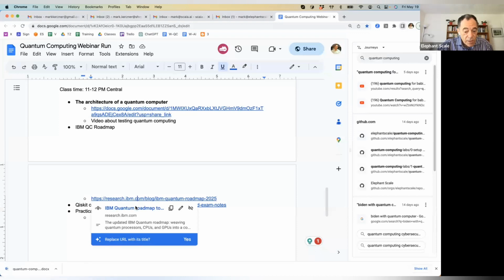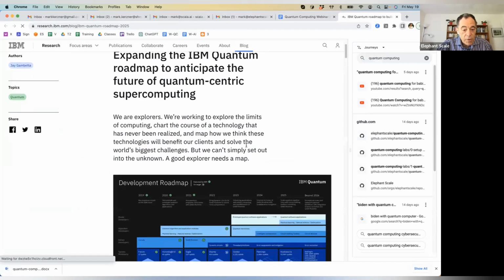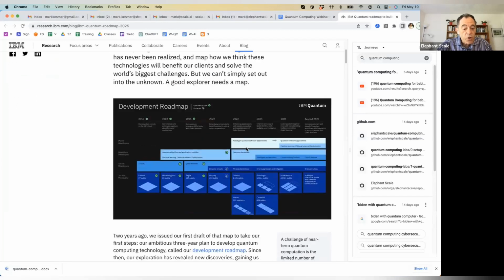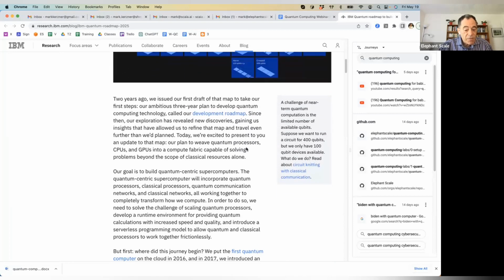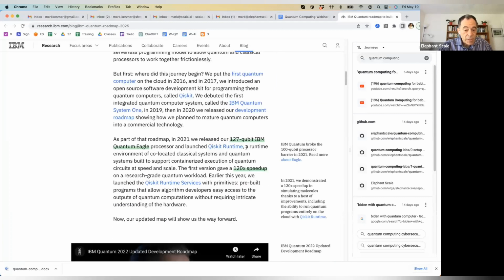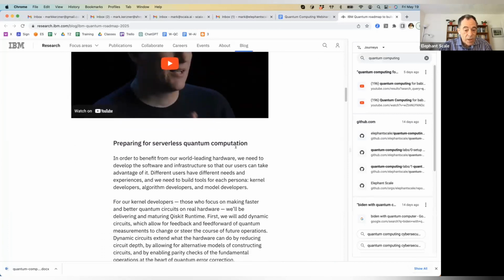Let's look at their roadmap. So of course, everybody is looking at the number of qubits, right? But the number of qubits is not the definitive goal. They started with 127 qubits. And today it is 433.